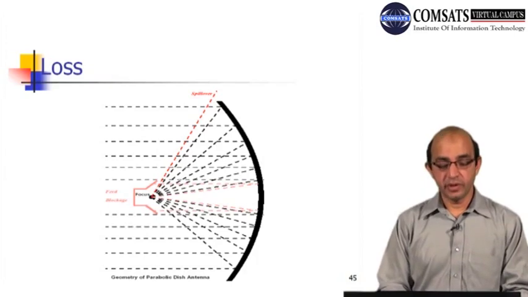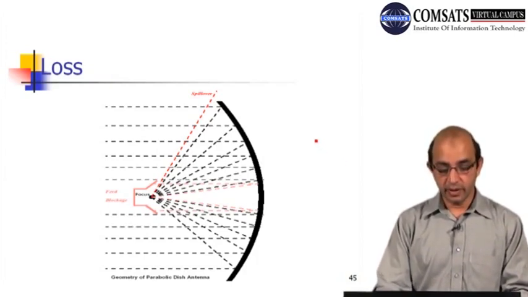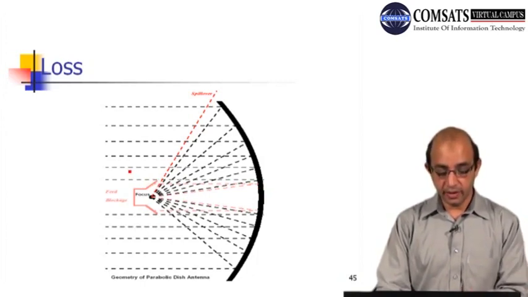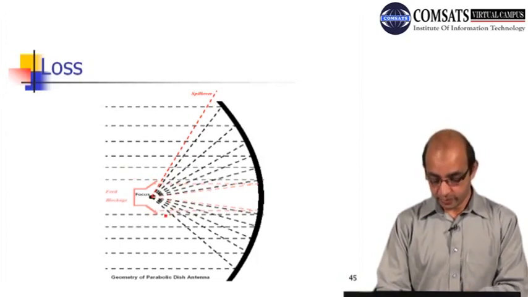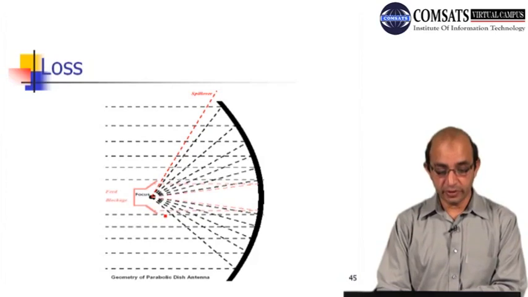Here we have shown the loss in the case of a parabolic antenna. You can see that this is a sort of spillover, and here the reflections are not being directed towards the focus, right? So they are showing the loss.